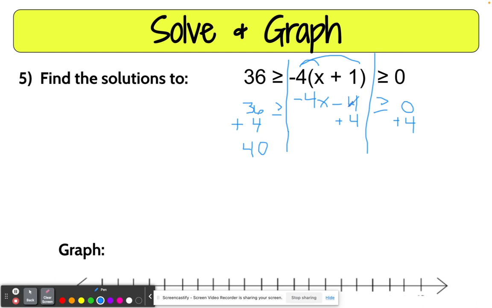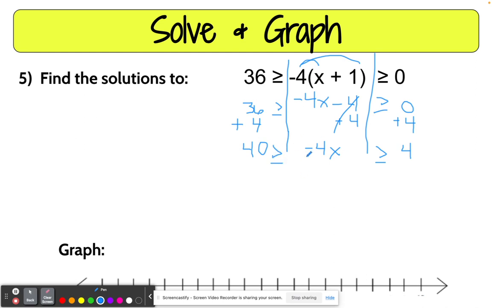This cancels out, and I have negative 4x in the middle and 4 on the right. And my inequalities are still pointing to the right. I think you might see what's coming.